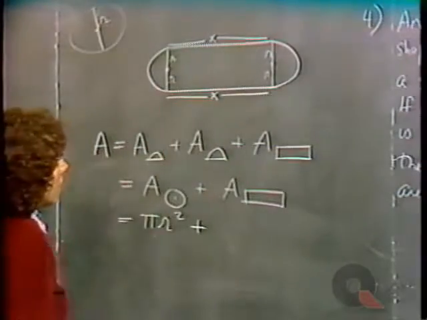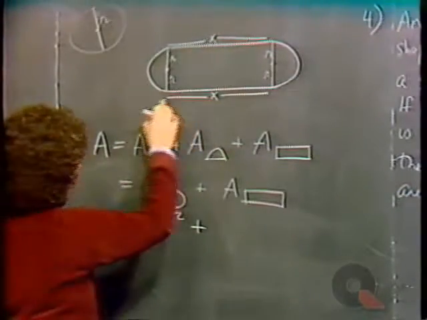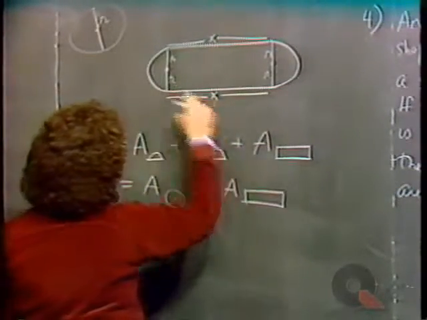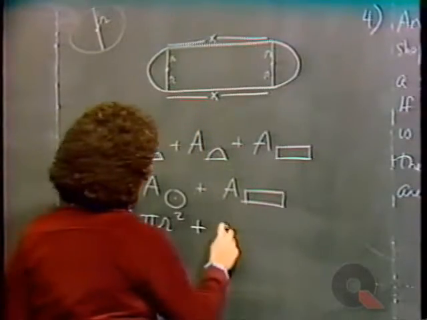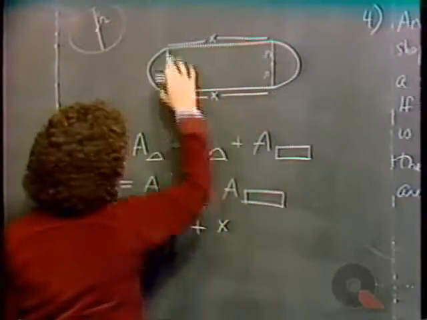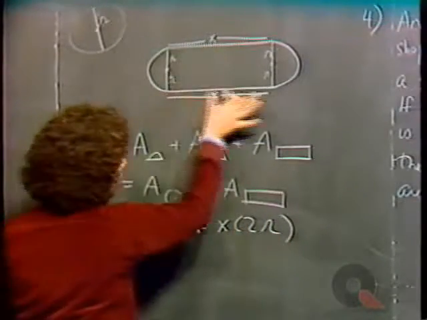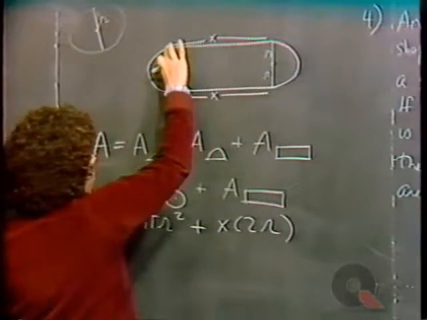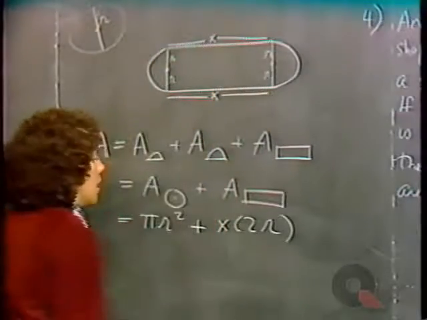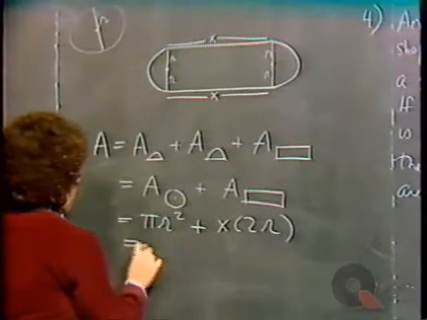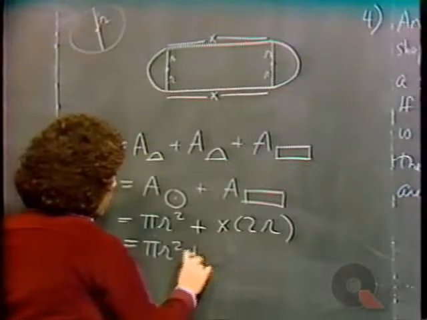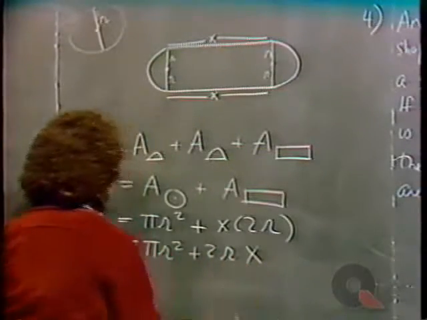The area of the rectangular portion is length times width, X times 2R, or 2R times X. 2R being the width here, X being the length. So we have the area is pi R squared plus 2RX.